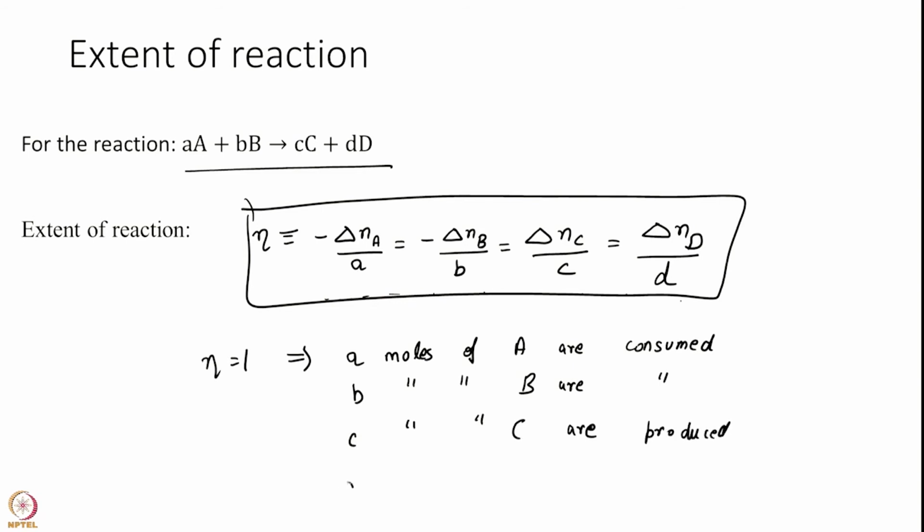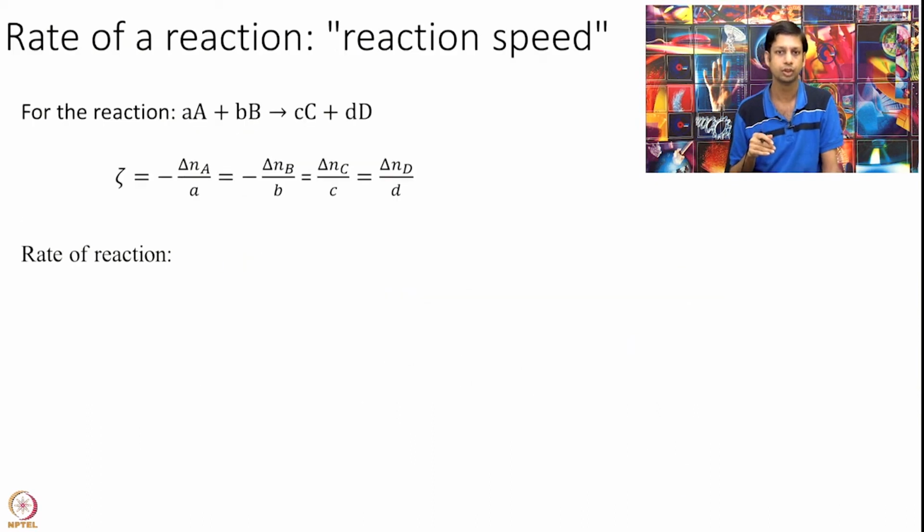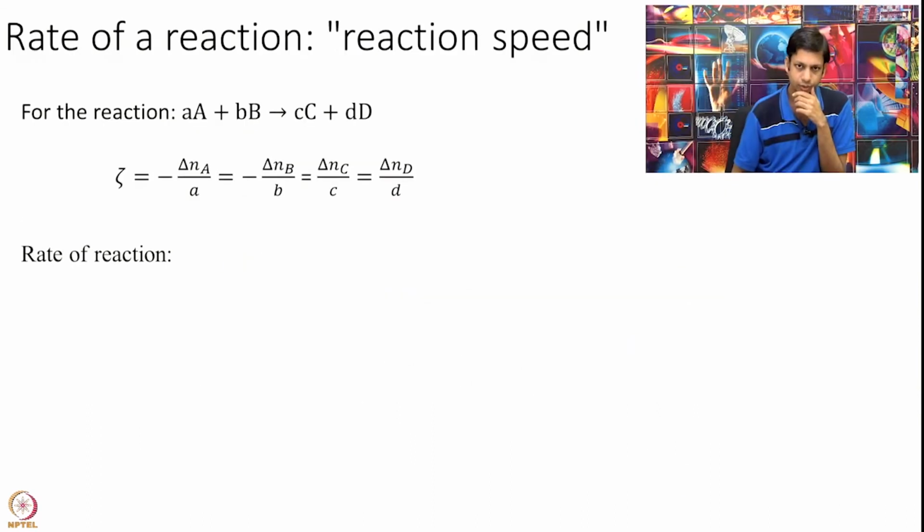So, it is an easy way to think about it. We quantify it in this number, a dimensionless number. So, we have defined this extent of reaction. How do we define rate of reaction?